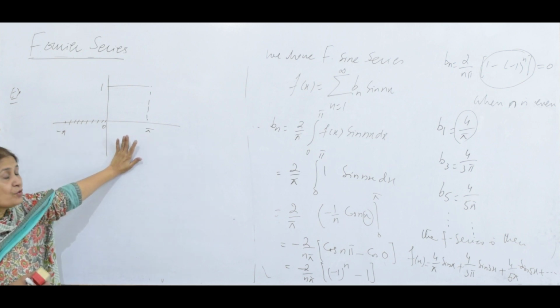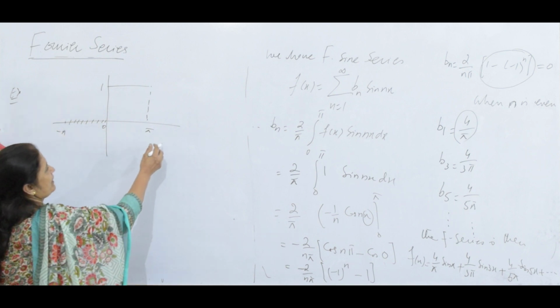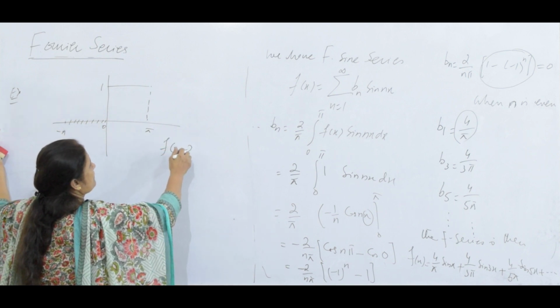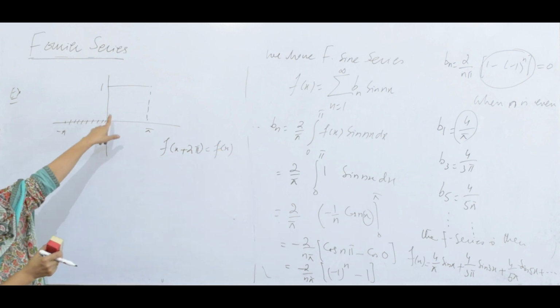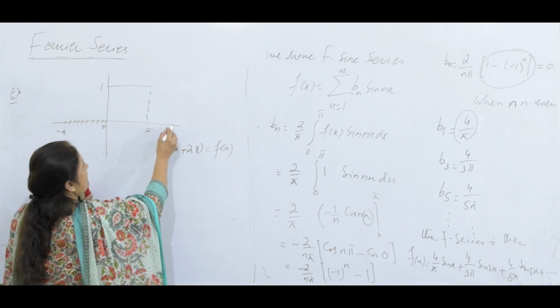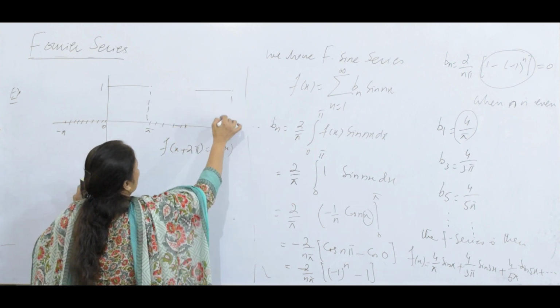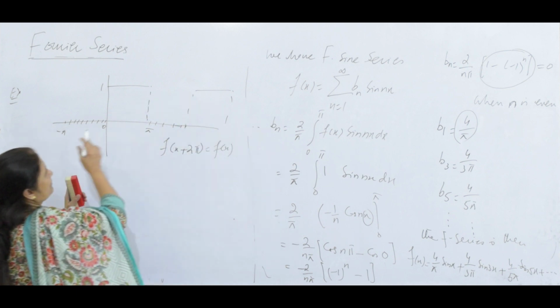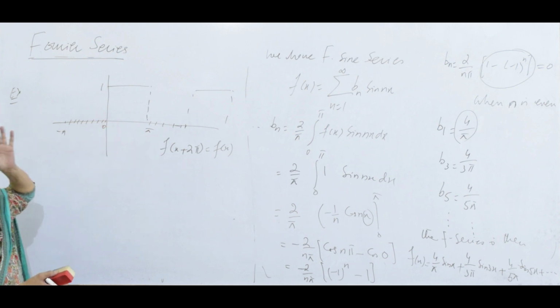According to that, you have to find the Fourier series. Now this function is defined from minus pi to pi, and 2 pi is the period, f of x equals f of x plus 2 pi, so that this is a periodic function. It means the next half it is going to be 0, and then this is going to be like this. And then similarly, this periodic function moves backward and forward.